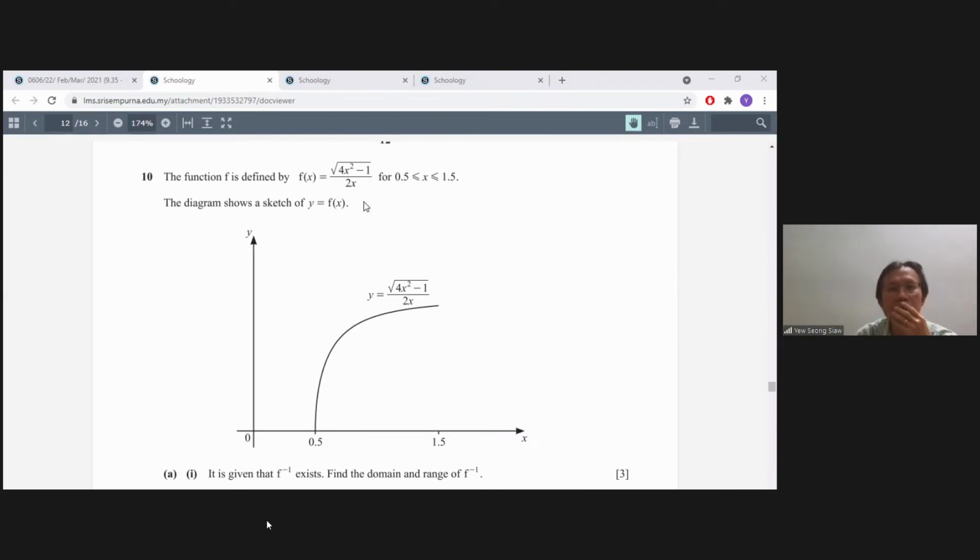So this topic is talking about domain and range. There are 3 points in there. One mark is for either domain or range, and the other one is 2 marks.